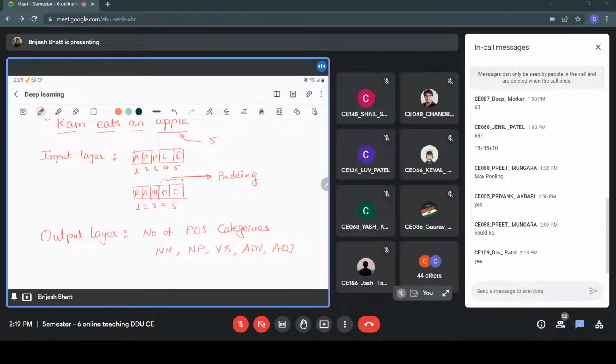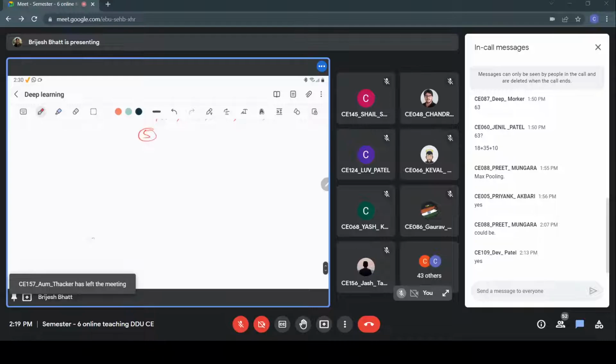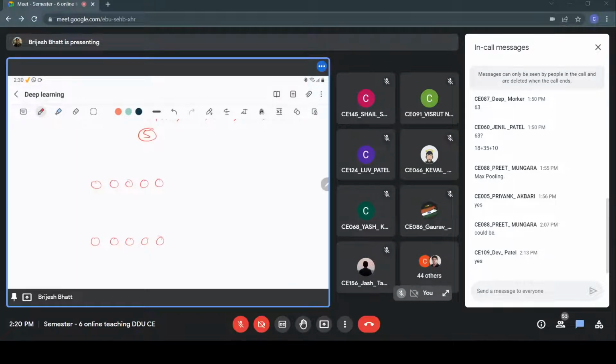Let's say we are dealing with 5 categories, then you need 5 output layer neurons. So your network would be something like this: 5 input layer neurons, of course with some encoding and other things which we are ignoring for now, and 5 output layer neurons. And whatever hidden layers you want to put here, make a fully connected network.